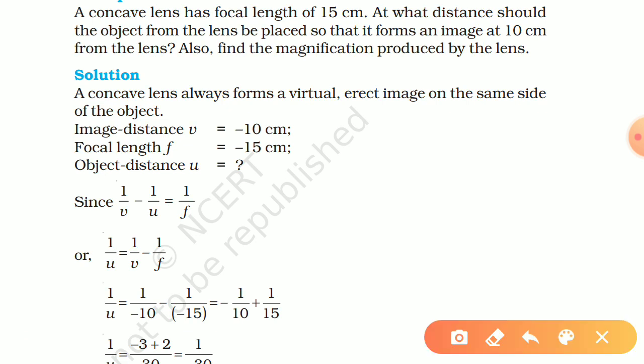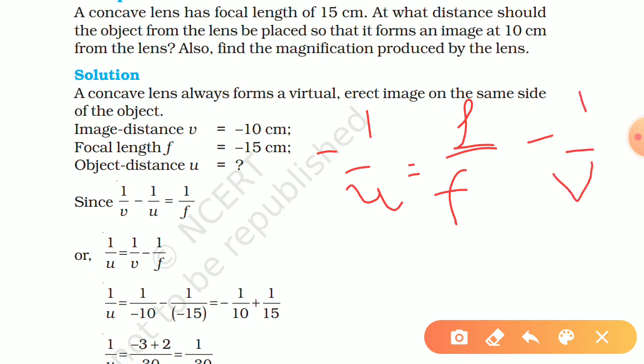So we will put the lens formula as 1 upon v minus 1 upon u is equal to 1 upon f. So 1 upon v will come to the right side: minus 1 upon u is equal to 1 upon f minus 1 upon v.